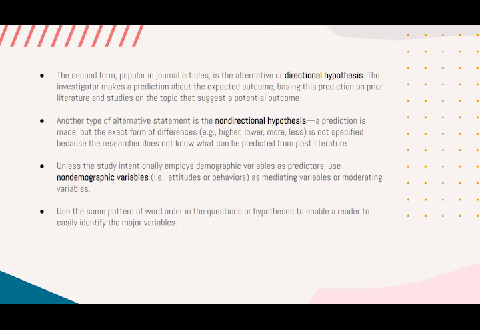There's also another type of alternative statement, the non-directional hypothesis, in which a prediction is made but the exact form of differences is not specified because the researcher does not know what can be predicted from past literature. Thus, the investigator might write, "There is a difference between the two groups." And I think the rest of it, you can read yourself because I think it's self-explanatory.